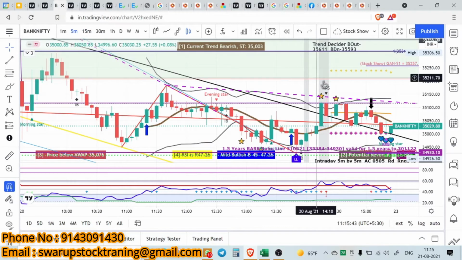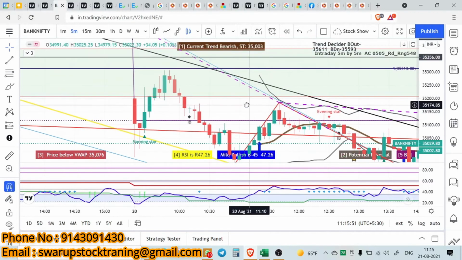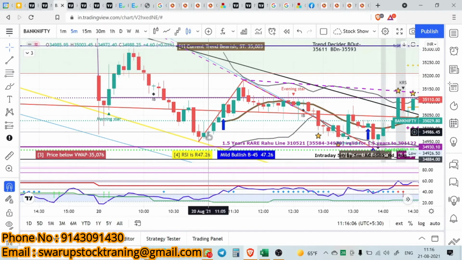If you look at Bank Nifty, it is relatively weak. This is a 5 minutes chart. It started off the day with a gap down opening. After that you got a support range here. With this strong support and these all being lower wicks, you have a buying opportunity here, and it went up further before it came down.